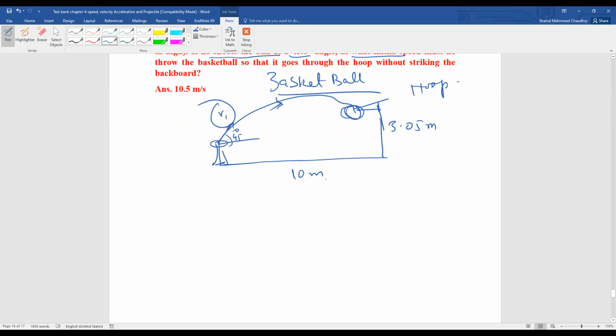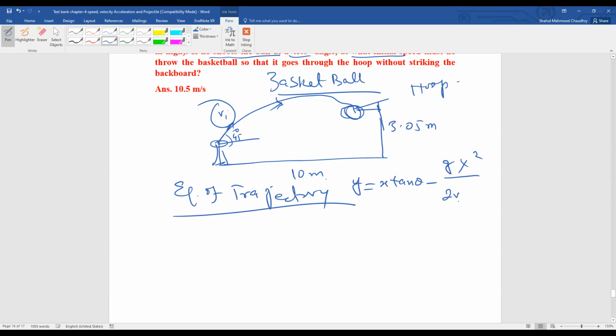To solve this problem, it's better to apply the equation of trajectory. This is simple. You remember that y is equal to x tan theta minus g x square over 2 Vi square cos square theta. This is the formula. I'm writing it again: delta y is equal to x tan theta minus g x square over 2 Vi square cos square theta.